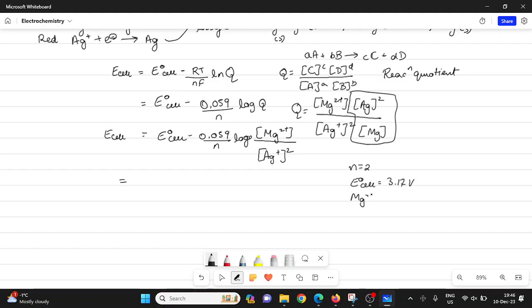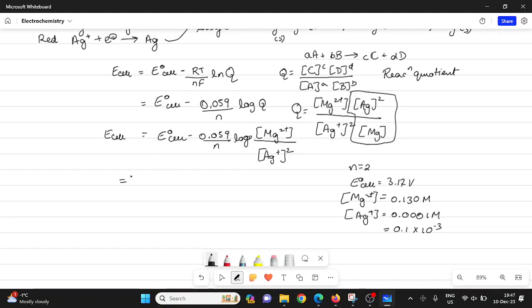Concentration of Mg2 plus equals 0.130 molar. Concentration of Ag plus equals 0.0001 molar. I'm going to rewrite this as 0.1 into 10 to the power minus 3. This is what we're going to be substituting in this equation.